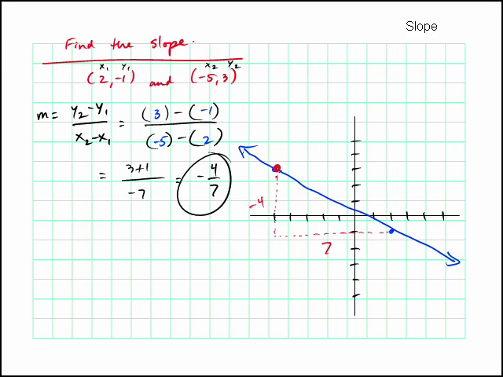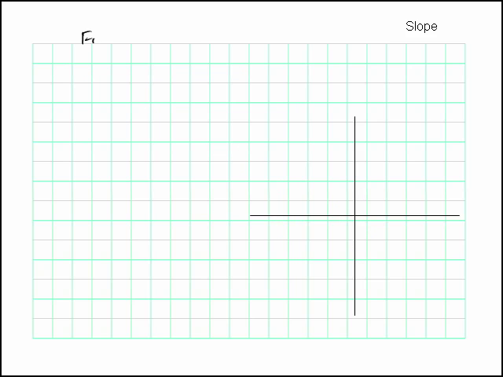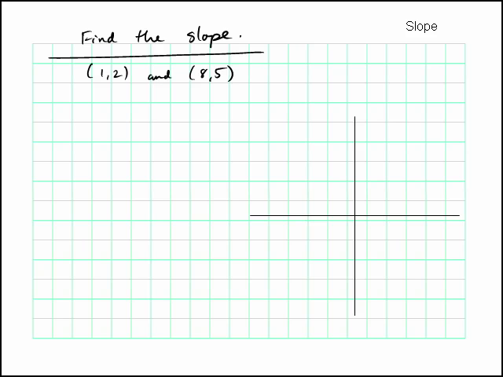Let's try another one. Find the slope. And the 2 points that we have for our line are 1 comma 2, and 8 comma 5. Our slope formula is y2 minus y1 over x2 minus x1.